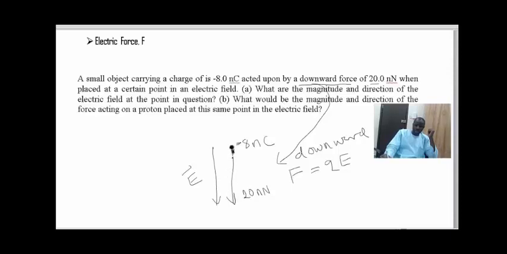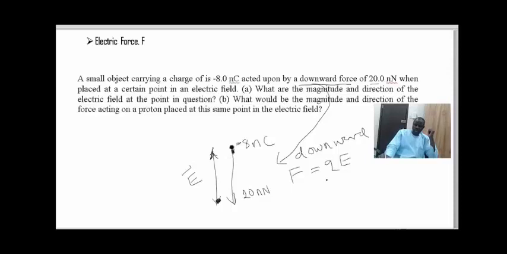For us to have an attractive force that will pull our negative charge down, definitely our field is supposed to point upward, because the attractive force here means that the source of our field is a positive charge, and the field from a positive charge is going to be away from it. So this is telling us that our electric field is upward.